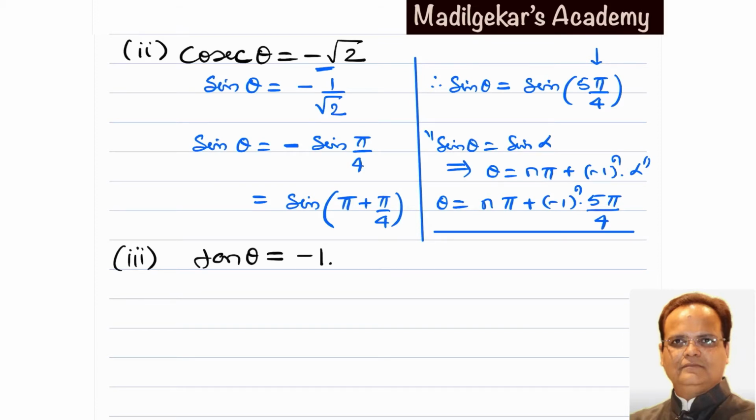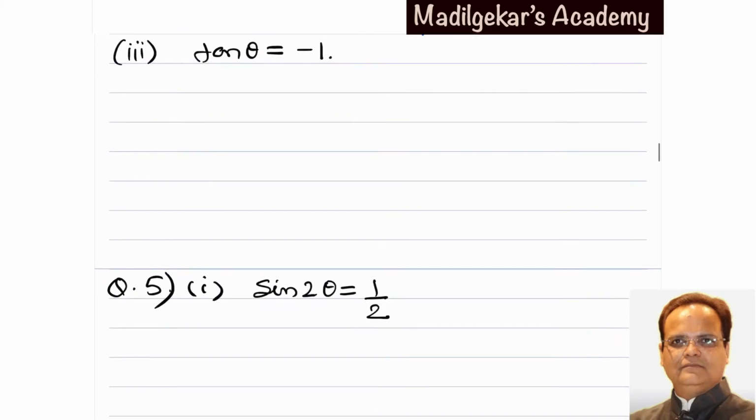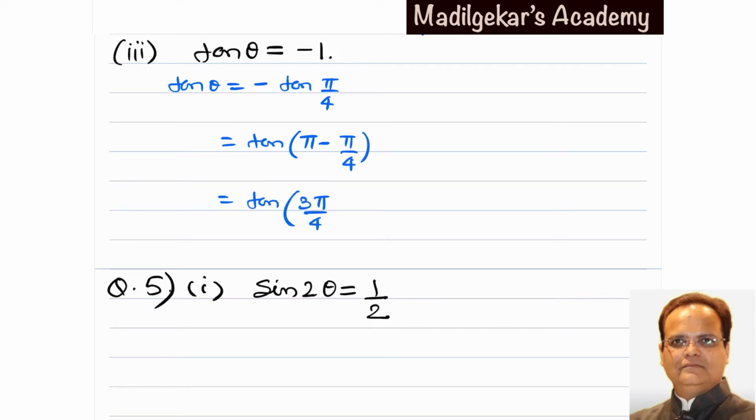Let's switch to the third bit. Here again, the value of tan theta is given to be negative. So tan theta equals minus tan pi by 4. Converting into allied angle, it is pi minus pi by 4, which is 3 pi by 4.